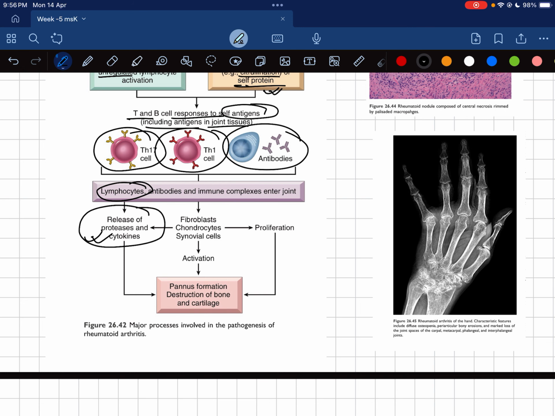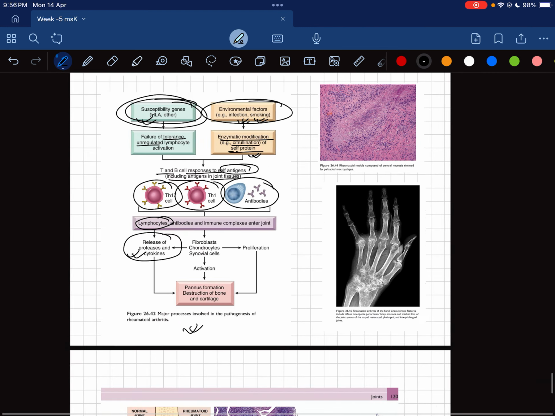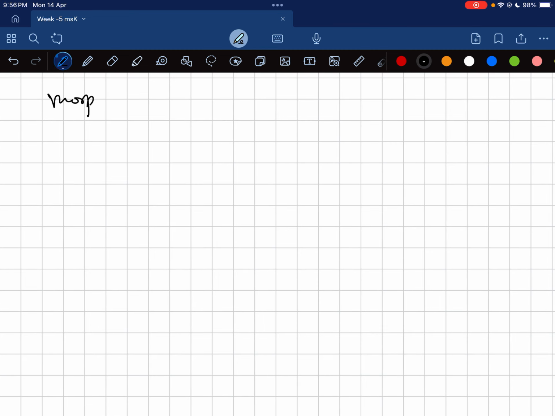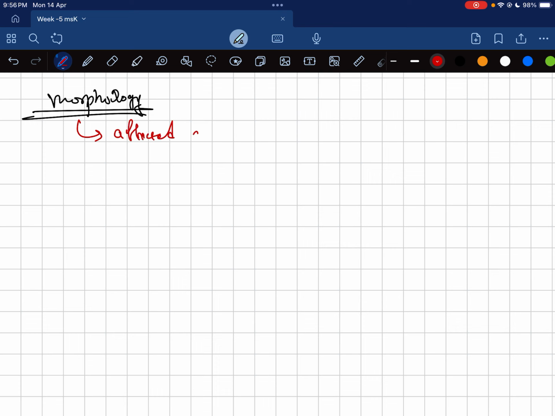So now we are moving to the morphology. In the morphology portion, mainly small joints are affected, like the joints of the hands and feet.